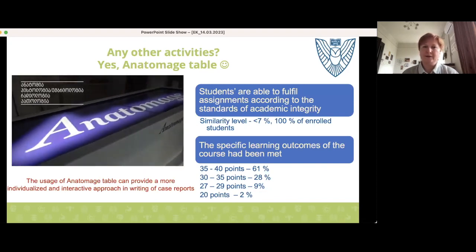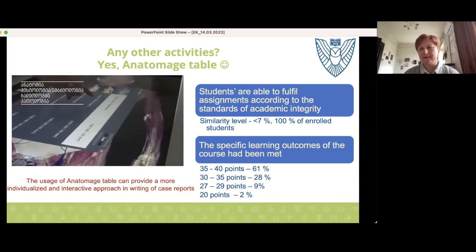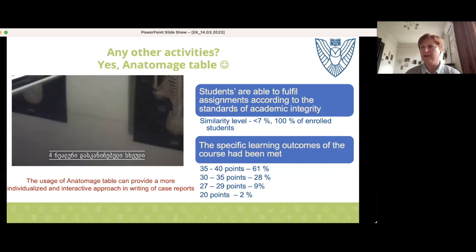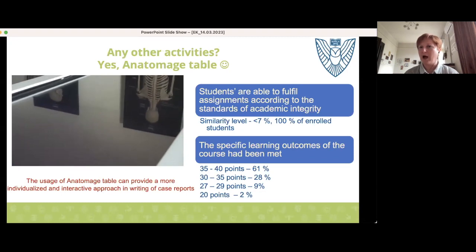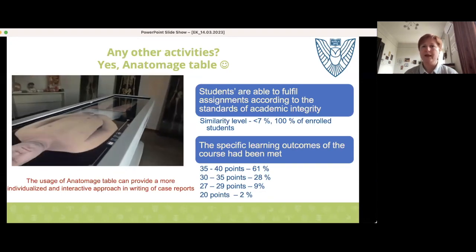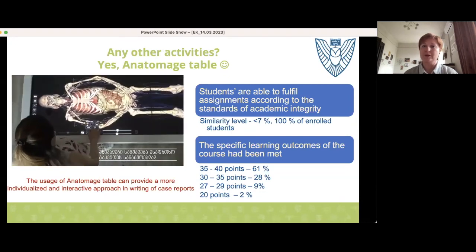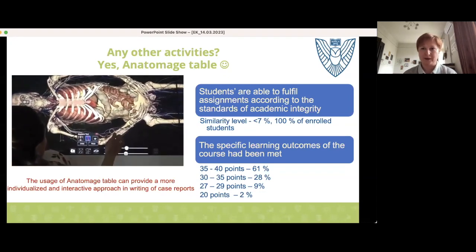In other activities that we tried and tested as well, there was the anatomic table, which offers the possibility of augmented learning with clinical cases of radiology. Those are incorporated into the anatomic table.